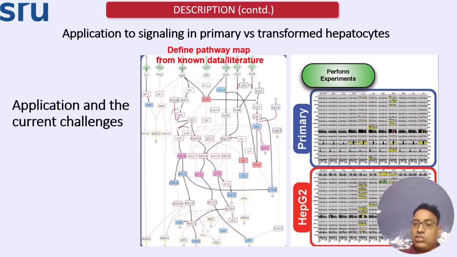See, now see the advantage. What is the advantage of doing all this systems biology part? Understand how the signaling of all the molecules is worked out in the primary and the transformed hepatocyte cell. That is the only question. For the primary part, you see this kind of proteins coming up here.